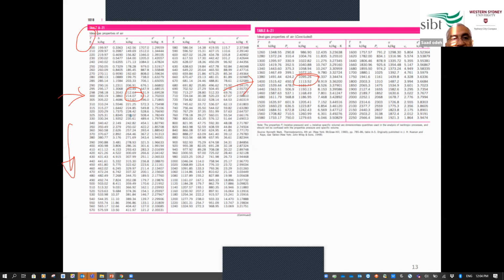So this is the way you find the U value of the air. You go to table A21 and, based on the temperature, follow the temperature column and find the internal energy at that temperature. Is it clear for everyone? Please let me know from now. Any question?